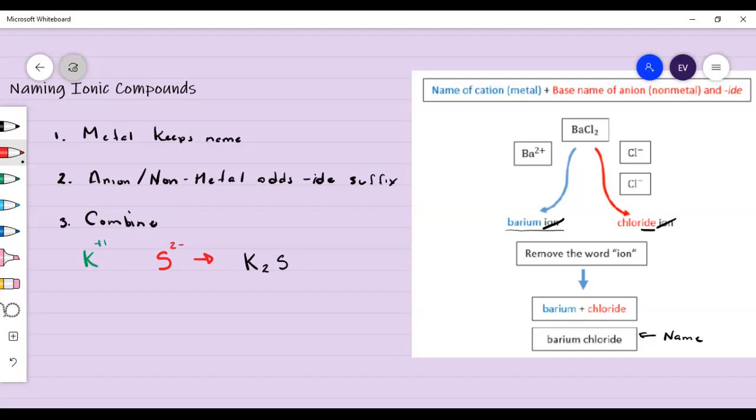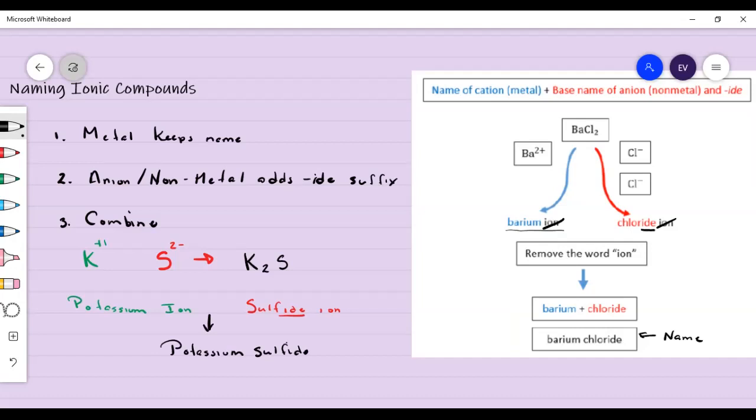Now, according to the rules, if I want to name this, the ions that form here are the potassium ion and the sulfide ion. I remove the word ion, and this makes potassium sulfide.